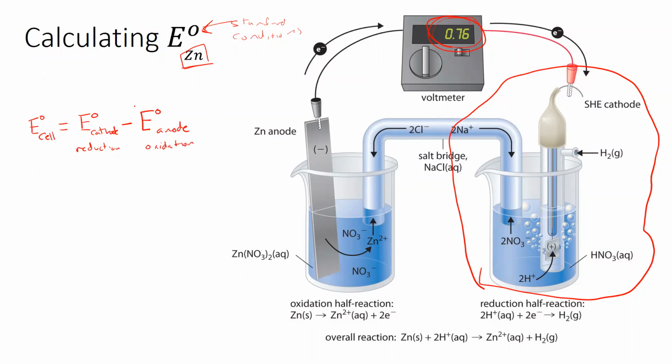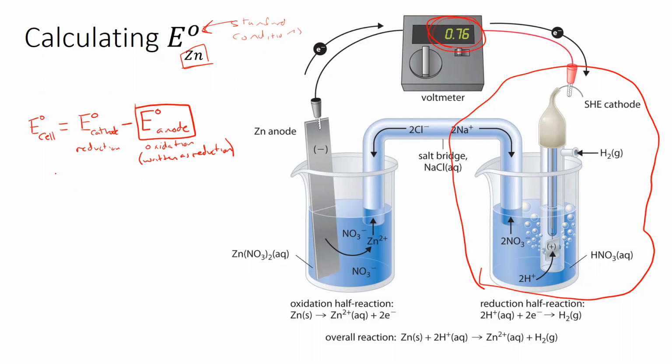But we're going to use these values that are the E naughts, so we're considering it written as a reduction, because we're going to use those standard reduction potentials. Now, some textbooks will actually flip the chemical reaction around, but you don't really need to do that.